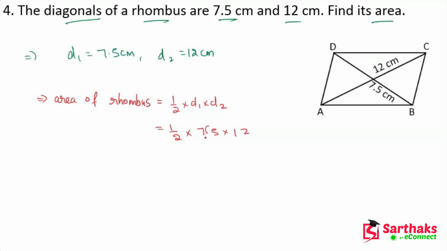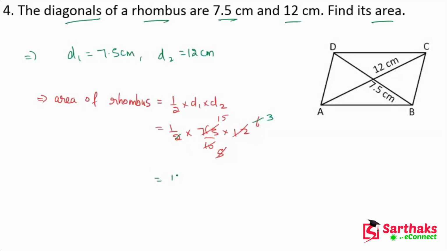If we remove the decimal point, we get 10 in the denominator. We can divide 12 by 2 in 6 times, and we can divide 10 by 2 in 5 times. And we can divide 75 by 5 in 15 times. And we can divide 6 by 2 in 3 times.